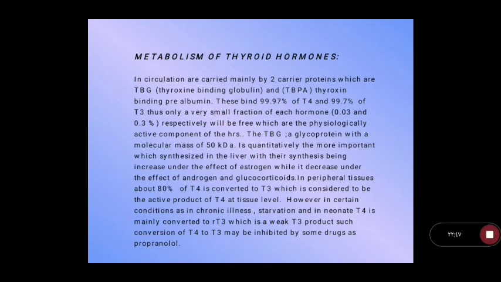So T3 is what works at the cellular level. In starvation and in neonates, T4 is mainly converted to reverse T3, which is a weak product whose function is so far unknown. Such conversion of T4 to T3 may be inhibited by some drugs such as propranolol.